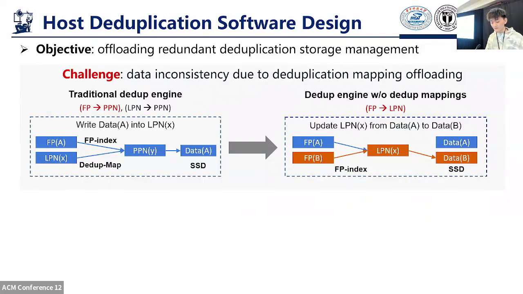As shown in the right figure, when the data of LPNX is updated from data A to data B, both the fingerprint A of the old data A and the fingerprint B of the new data B map to LPNX, and this LPNX maps to data B, which means fingerprint A wrongly maps to data B. This data inconsistency leads to wrong DDAP and data loss.